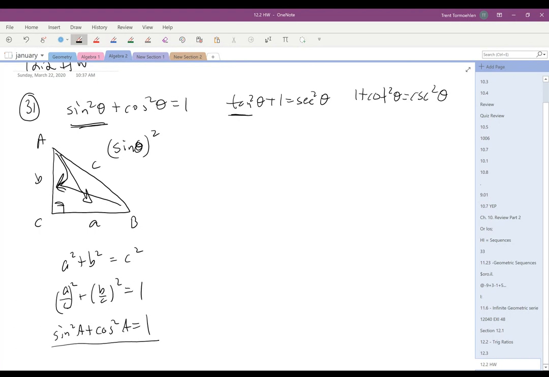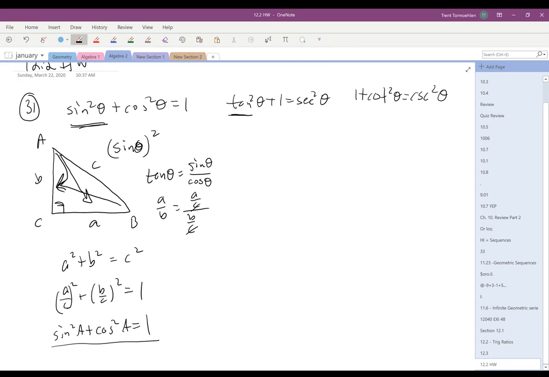If you're not sure about that, make sure you know this: tangent of theta equals sine of theta over cosine theta. That's a really important identity. It's easy to see that as well. Tangent of theta would be A over B, and sine of theta is A over C. Cosine of theta is B over C, and so the C's cancel out to give you that tangent of theta equals sine theta over cosine theta.